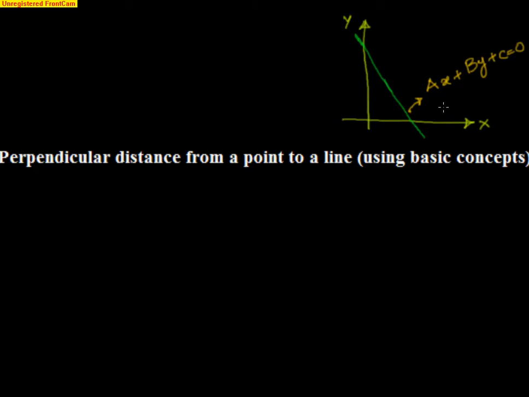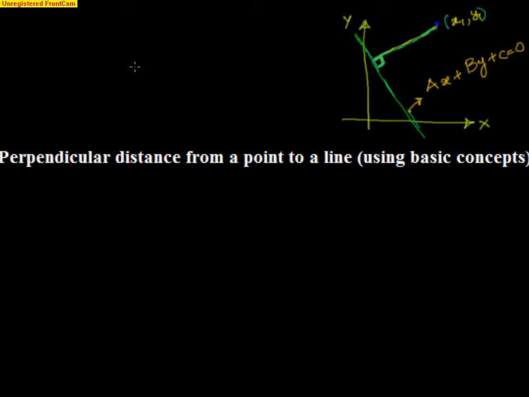That's a standard equation. Now what we want to do is, from a point, let me say this is the point, I want to draw a perpendicular to this line. So we have a straight line and I want to draw a perpendicular from this particular point to this line.